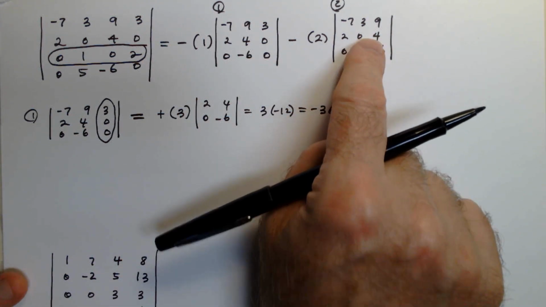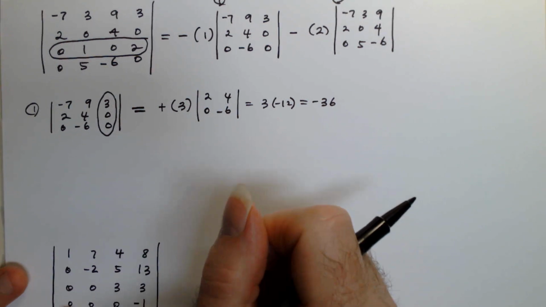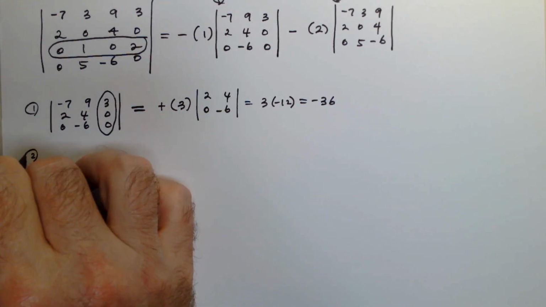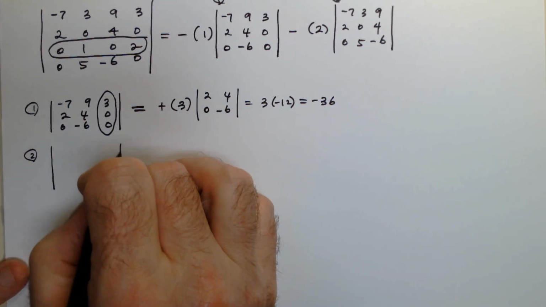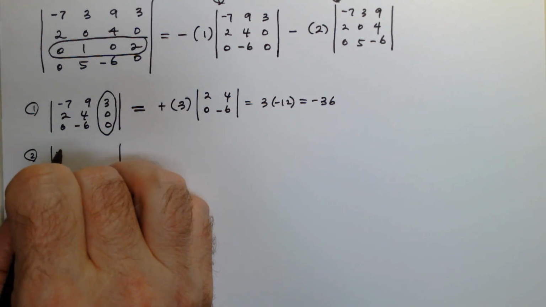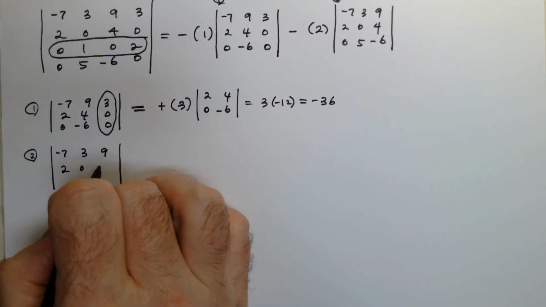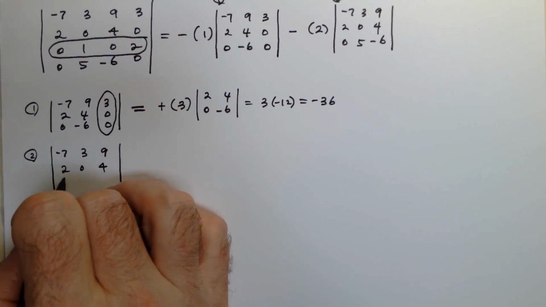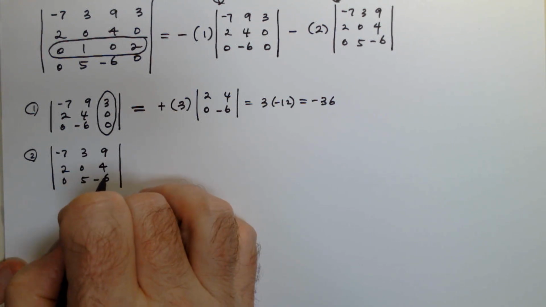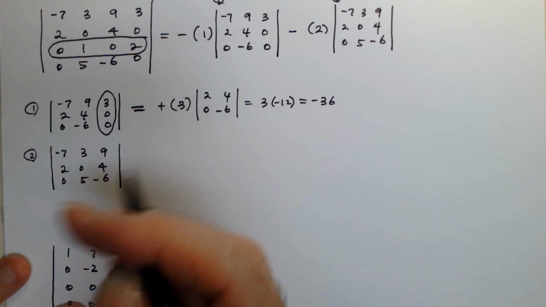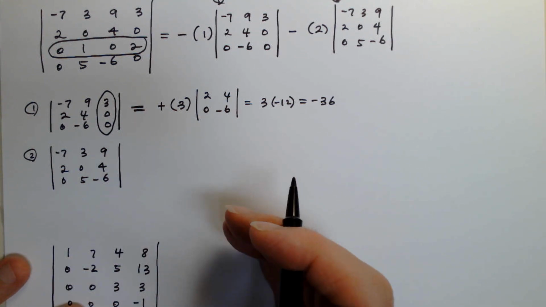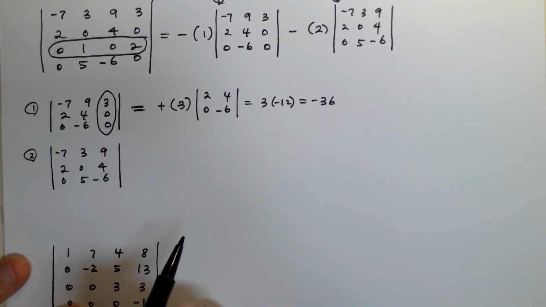Now we have to calculate the determinant of this 3 by 3 matrix. That's calculation 2. So we have -7, 3, and 9, 2, 0, and 4, 0, 5, and -6. Now once again, we have to look for an advantageous row or column, and there are a couple of choices here.